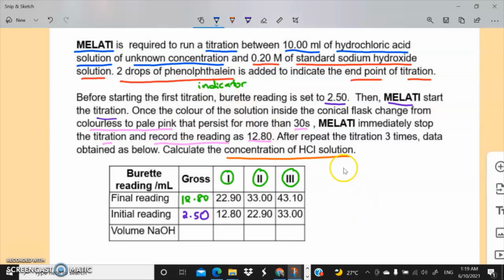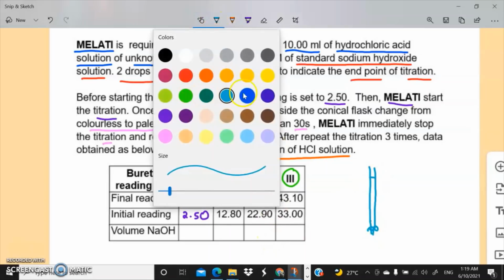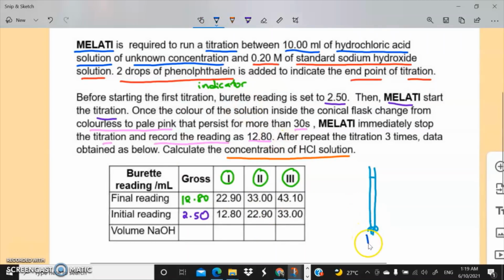I got a burette. Okay, let's say here is the burette. I draw nicely a bit. You have to sketch, then only you can understand. Okay, I sketch a burette here. Below the burette, we got a conical flask.